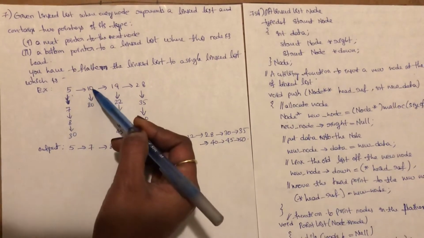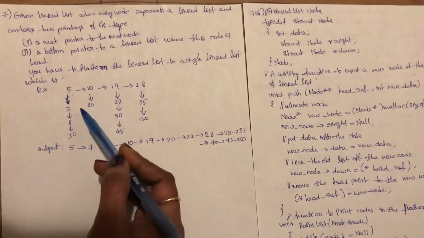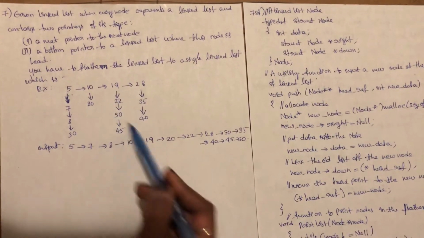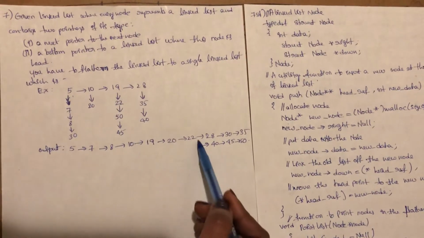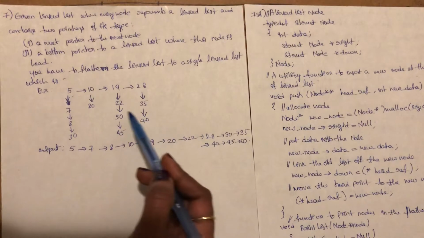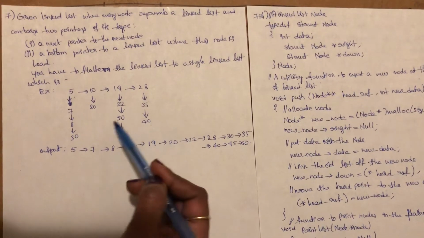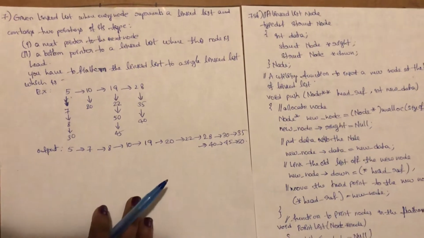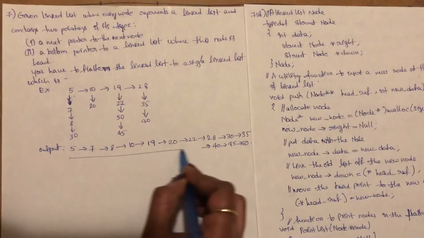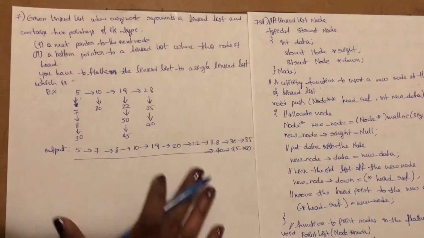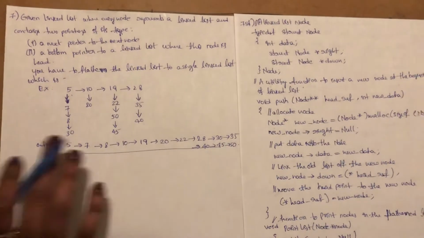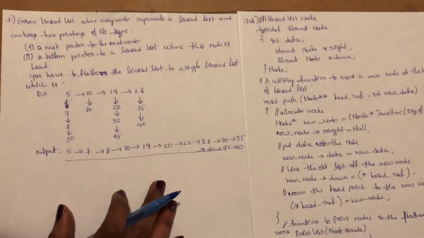After 8 we are going to print 10, and then 19, 20, 22, 28, 30, 35, 40, 45, 50. So this is going to be the resulting output, that means a sorted linked list. We have to flatten the whole 2D linked list.